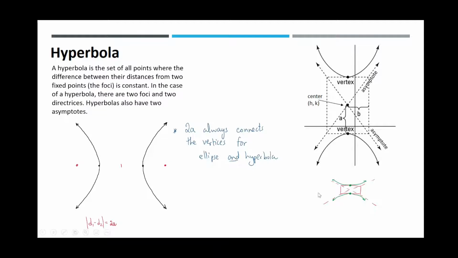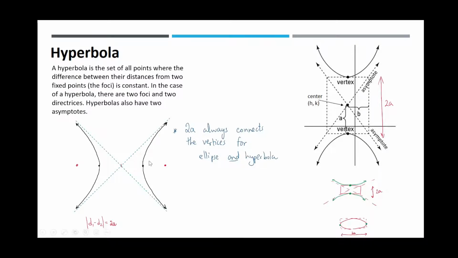Keep in mind though, unlike with ellipses, 2A doesn't have to be the biggest. This is a picture of the vertices oriented vertically, but they're way closer than this other size of the box here. So I want you to know that 2A is always between the vertices for hyperbolas, as well as for the ellipses. But with ellipses, 2A is always going to be the largest. So 2A goes this way, but 2B will go this way for the ellipse.